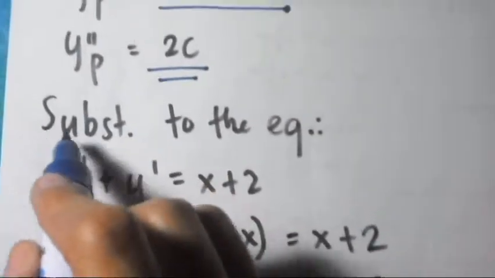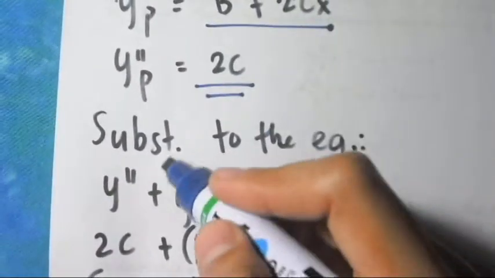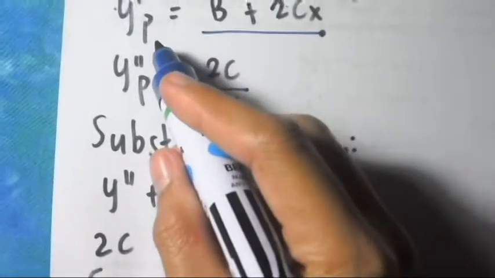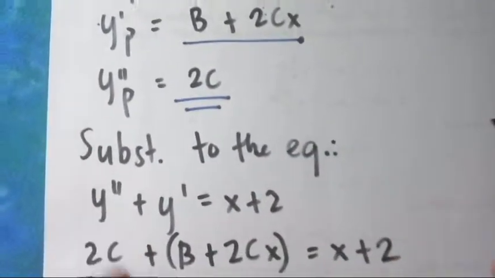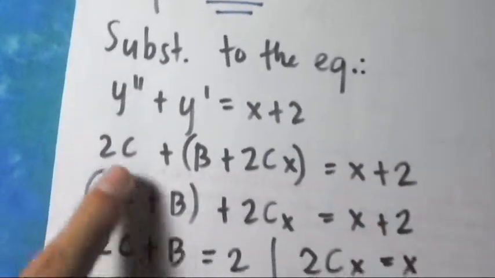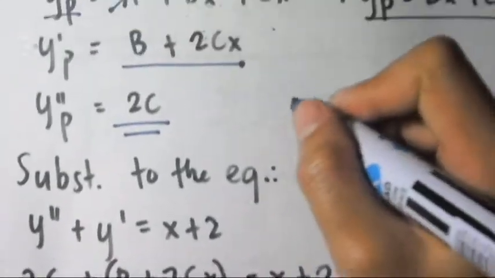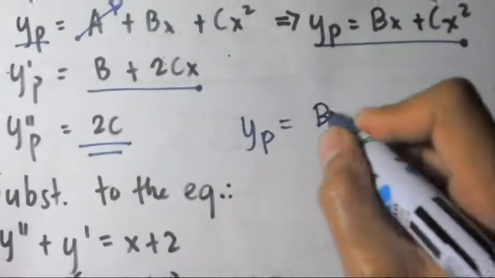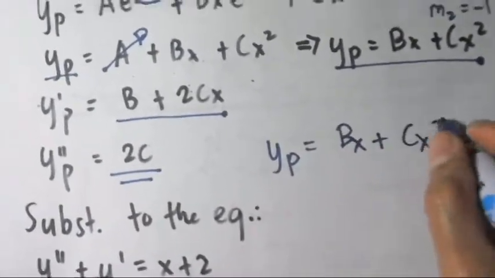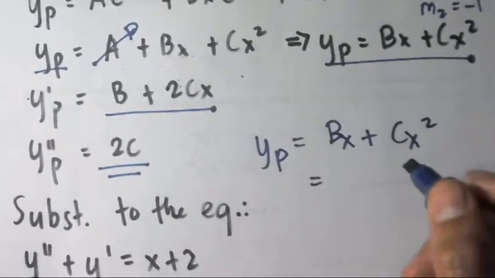By substituting this y prime and y double prime into the given equation, we have yp equal to Bx plus Cx squared.